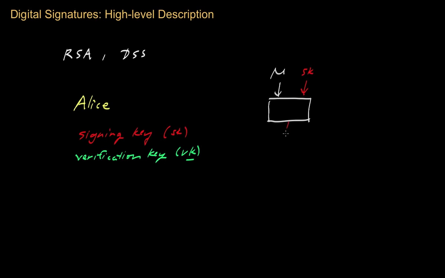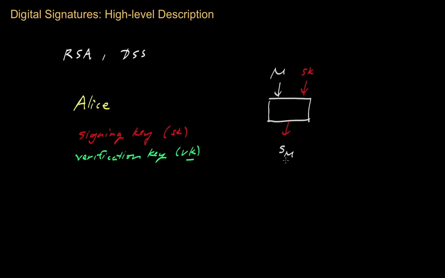The output of that transformation will be a special sequence of numbers that we call the signature on the message M. The signature is derived from a combination of the message M together with the private signing key of Alice, and it's going to produce a relatively short sequence of numbers as an output.